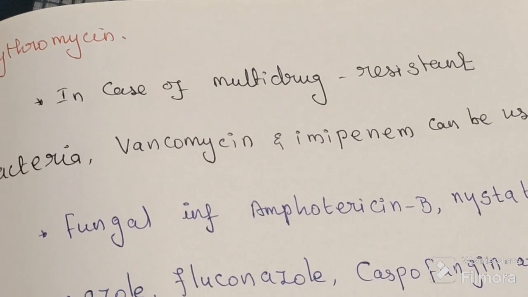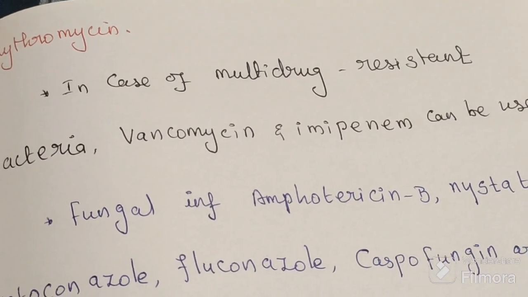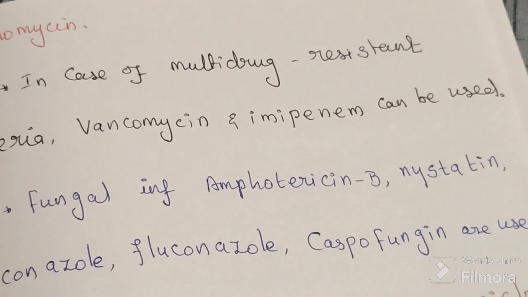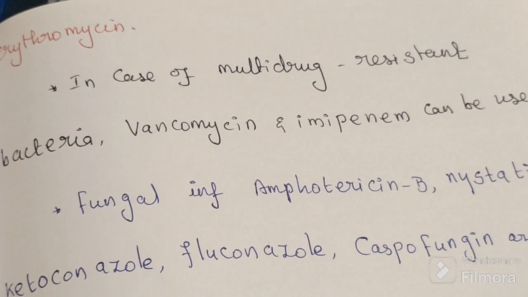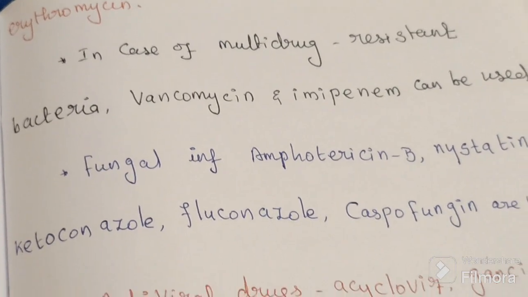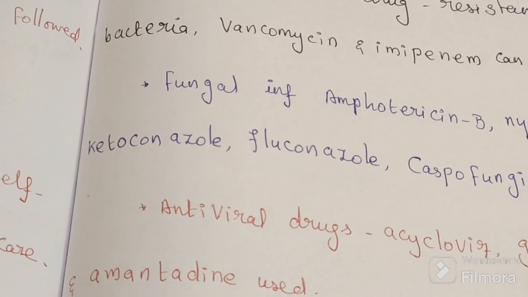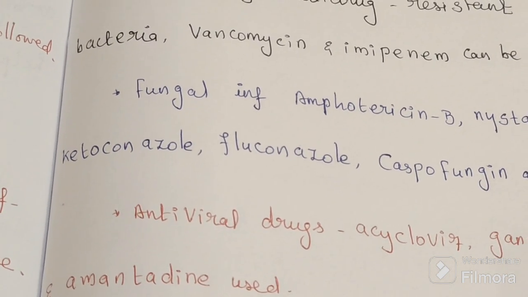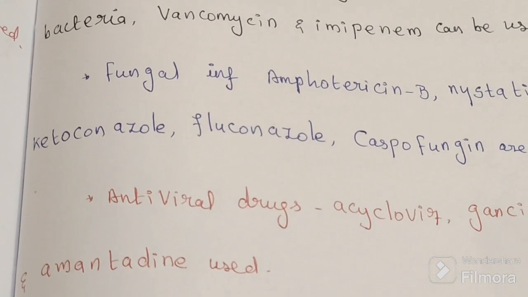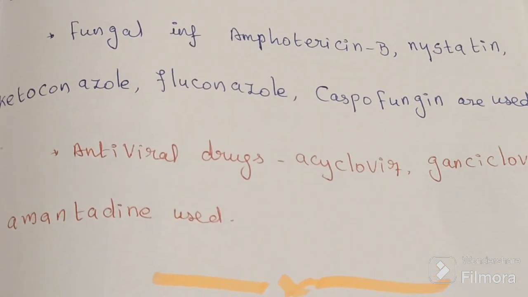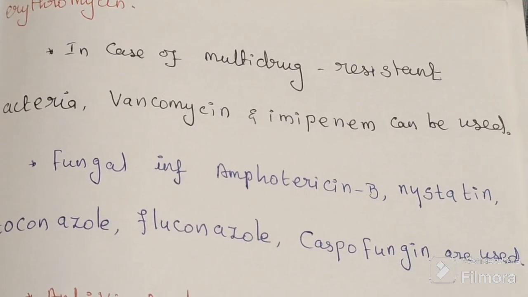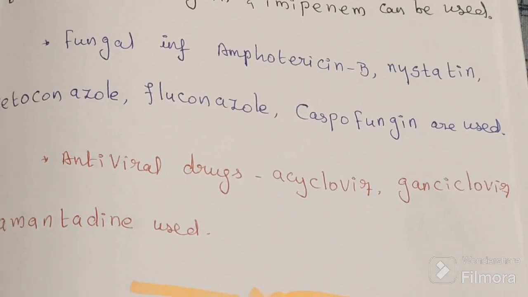For fungal infection, amphotericin B, nystatin, ketoconazole, fluconazole, and caspofungin are all recommended. In the case of antiviral drugs, acyclovir, ganciclovir, and amantadine are used. So these are the drugs we use for nosocomial infection treatment.